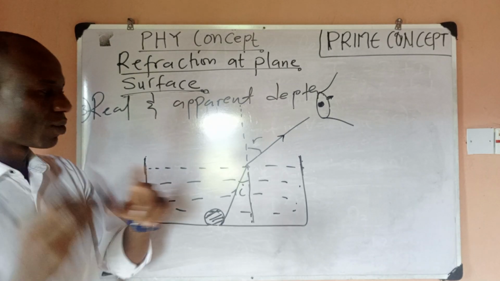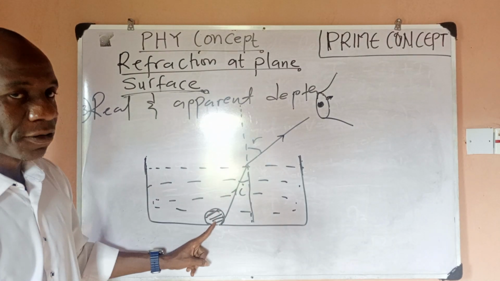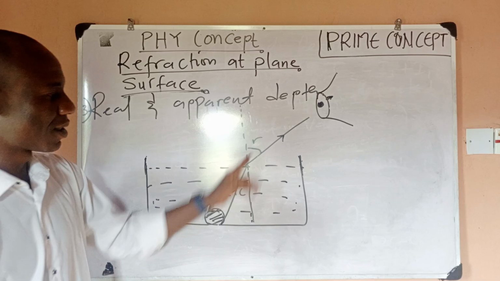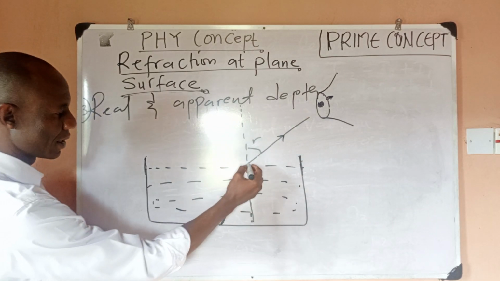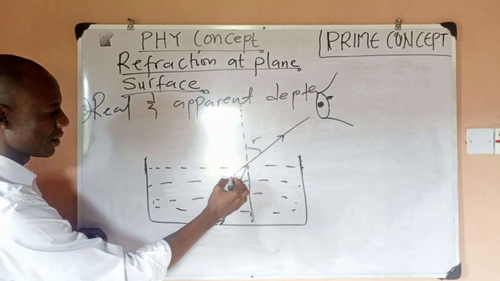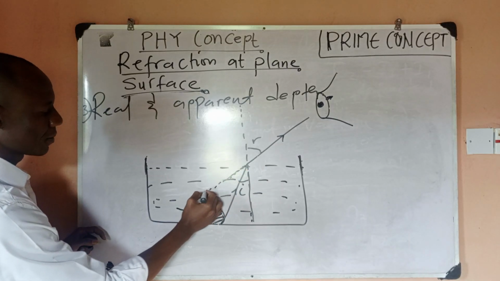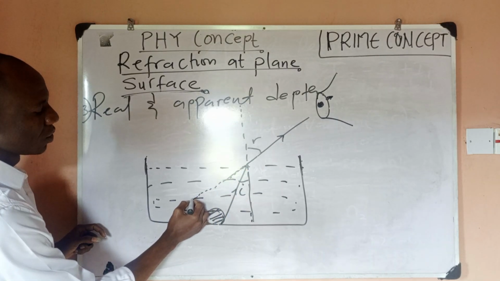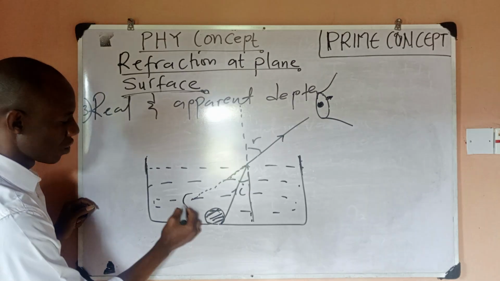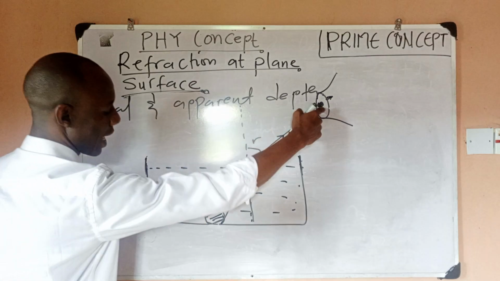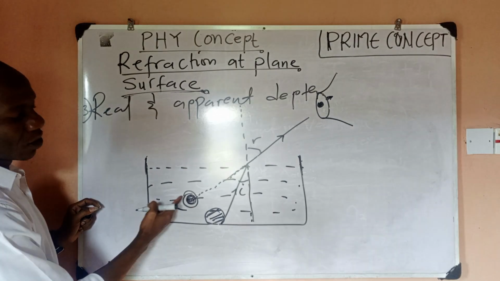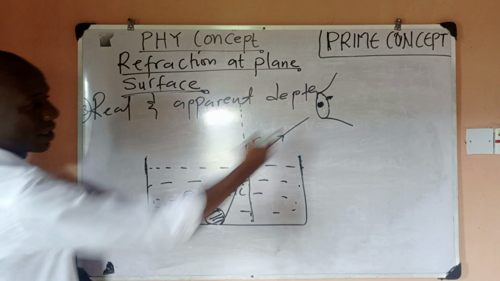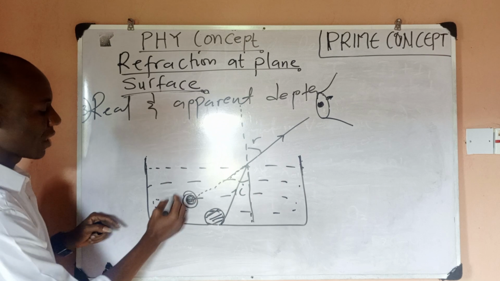Now, what actually happens here is the ray from the stone is no longer coming straight. It came outside the water and refracted. If you take this straight, you would notice that the stone would now appear to your eyes as if it were at this level, which is no longer the level where the stone is, because of that bending, that refraction.